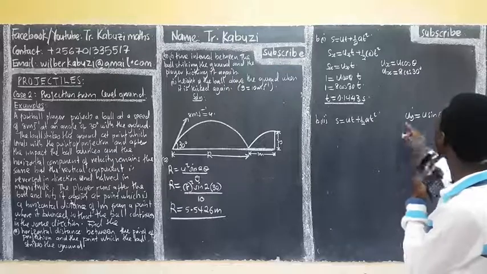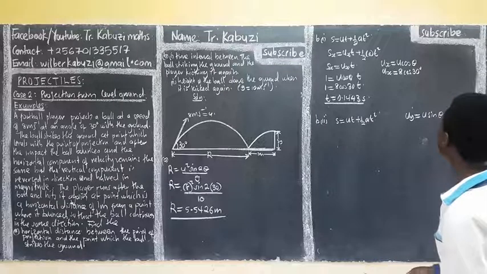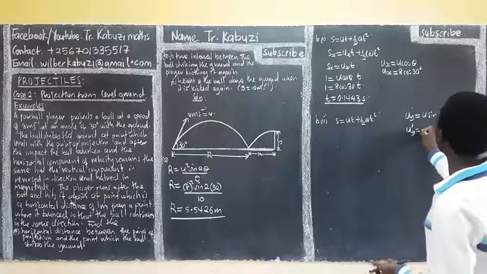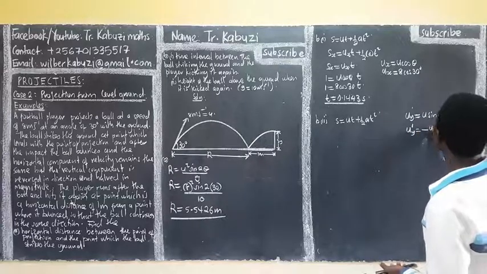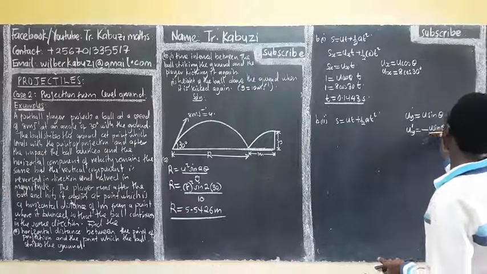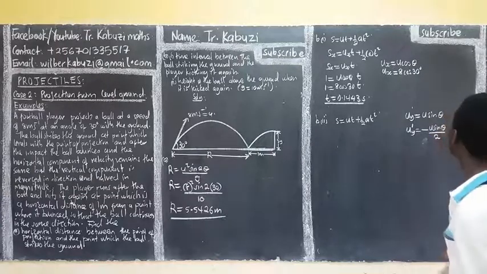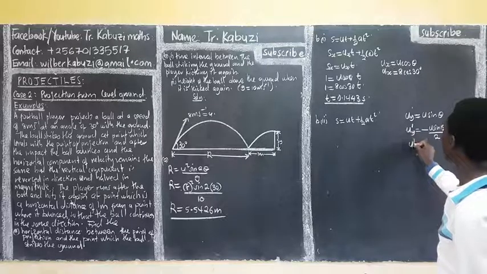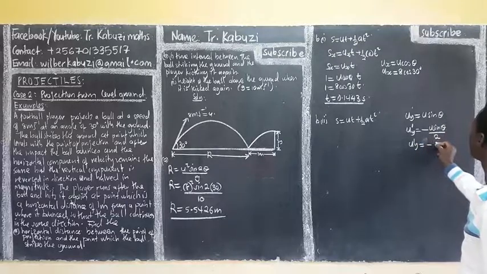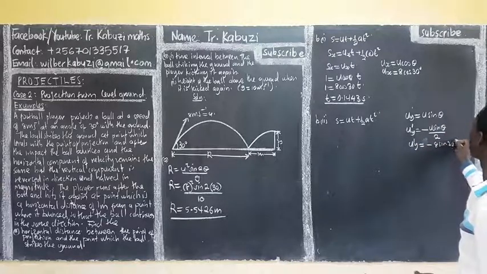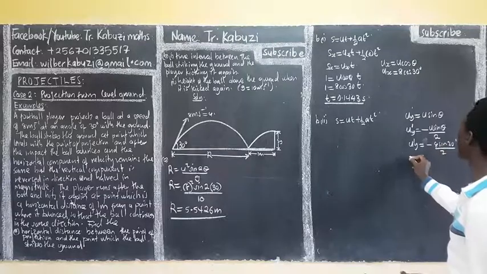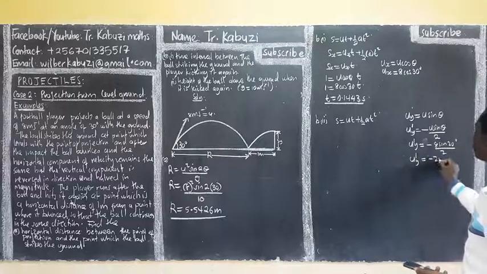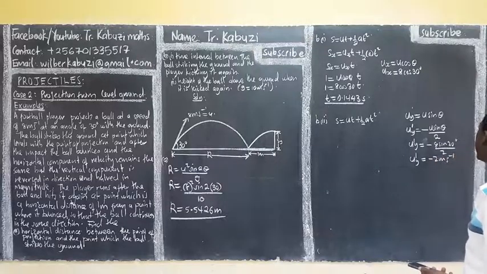After bouncing, it was reversed in direction and halved. So our U prime here is going to be negative 8 sine 30 degrees over 2. And this will give us the U after the ball bouncing as negative 2 meters per second.